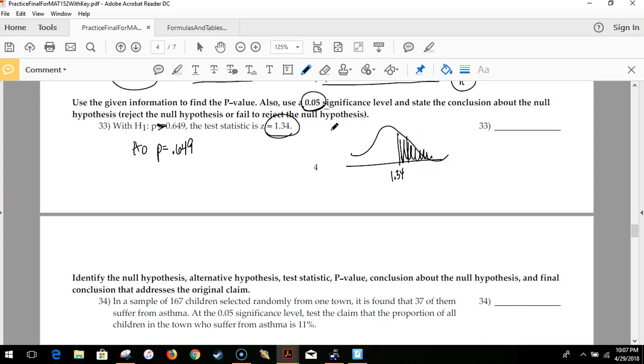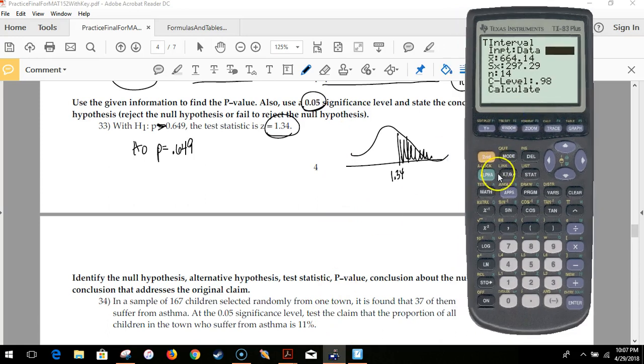It uses a 0.05 significance level. So if my p-value is less than that, the area under the curve, I will reject the null. If it's bigger, I'll fail to reject. And it's way bigger, right?